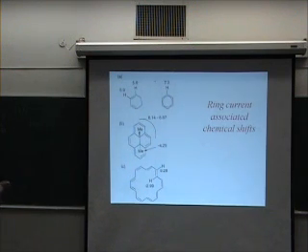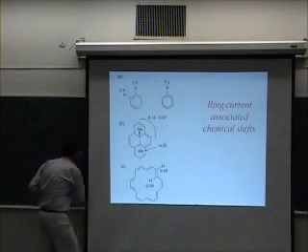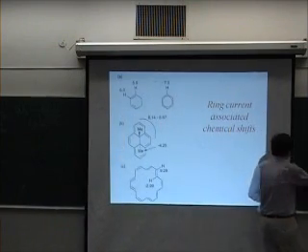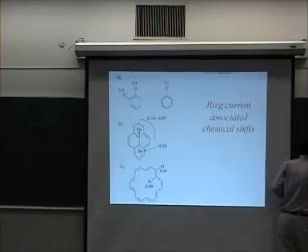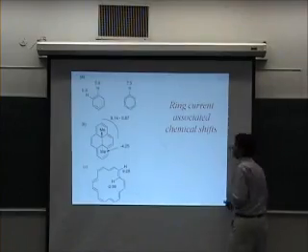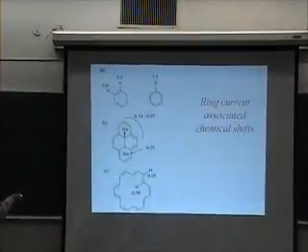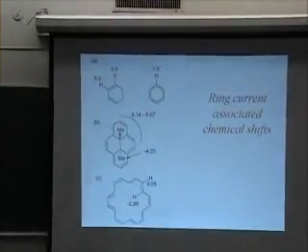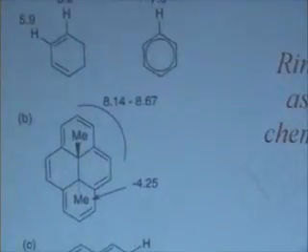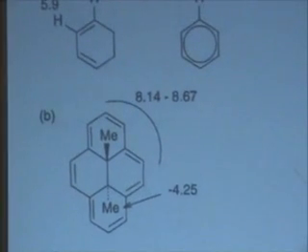Now let's look at this example. This is a dimethyl substituted pyrene. If you look at this structure, these methyl groups are above and below the plane of the aromatic structure, the plane of the aromatic molecule.